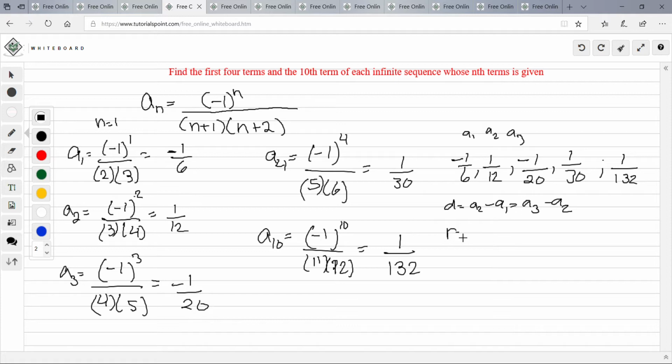The same thing with the ratio: A2 divided by A1 does not equal A3 over A2. So it's neither geometric nor arithmetic. It could be a quadratic sequence. But this is your final answer.